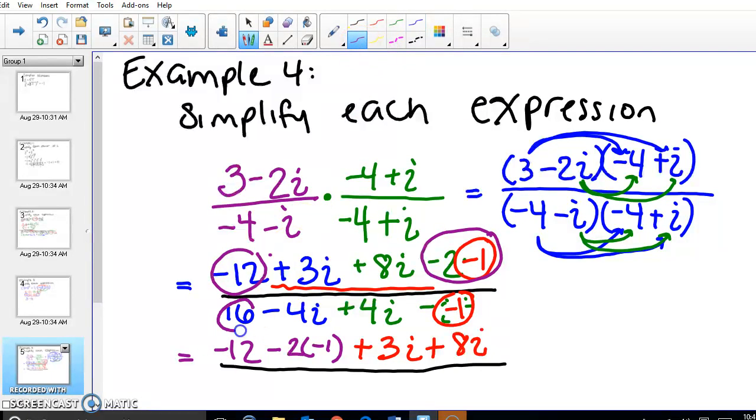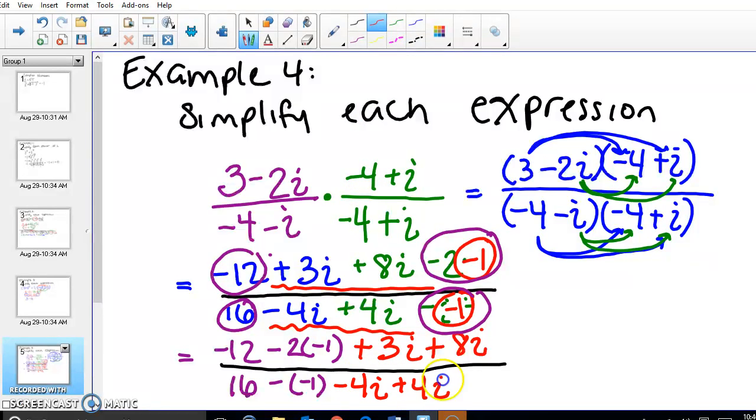I have my 16, and then I have negative i squared. And then I can combine these terms. Alright, so negative 12 minus negative 2 times negative 1.